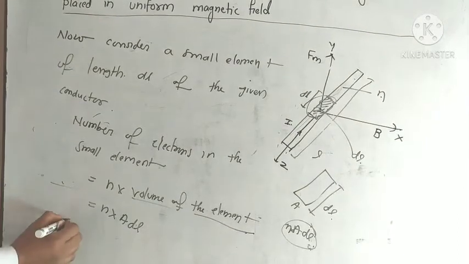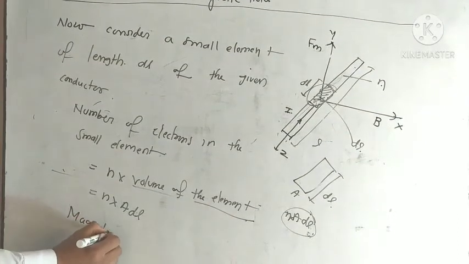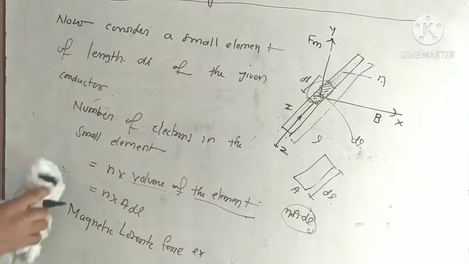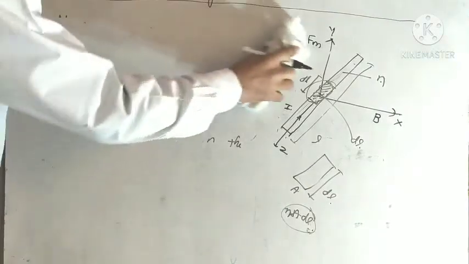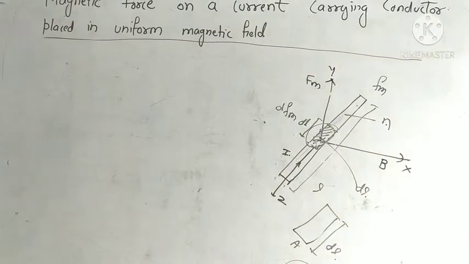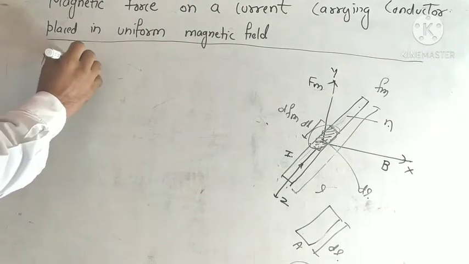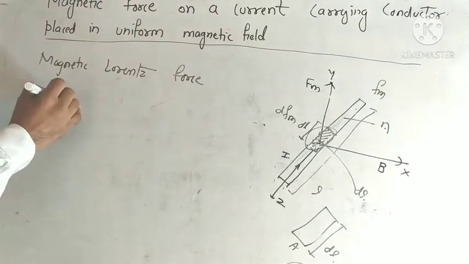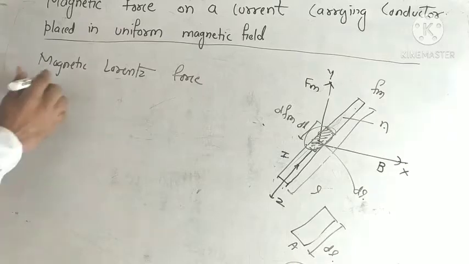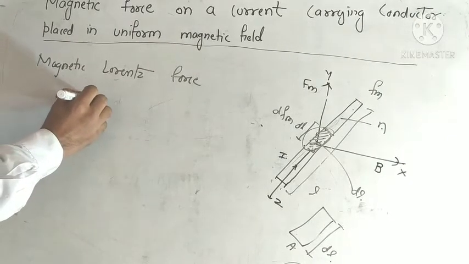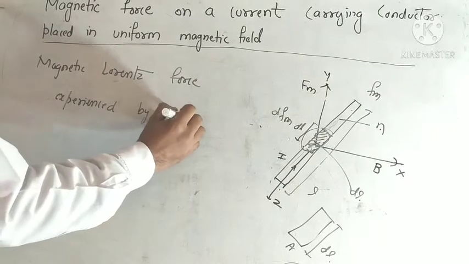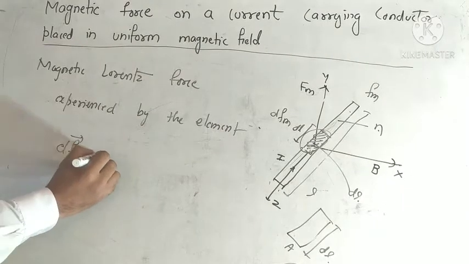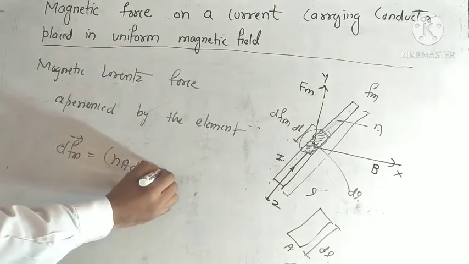Okay, and the magnetic Lorentz force experienced by the element: dFm is equal to nAdl Fm.